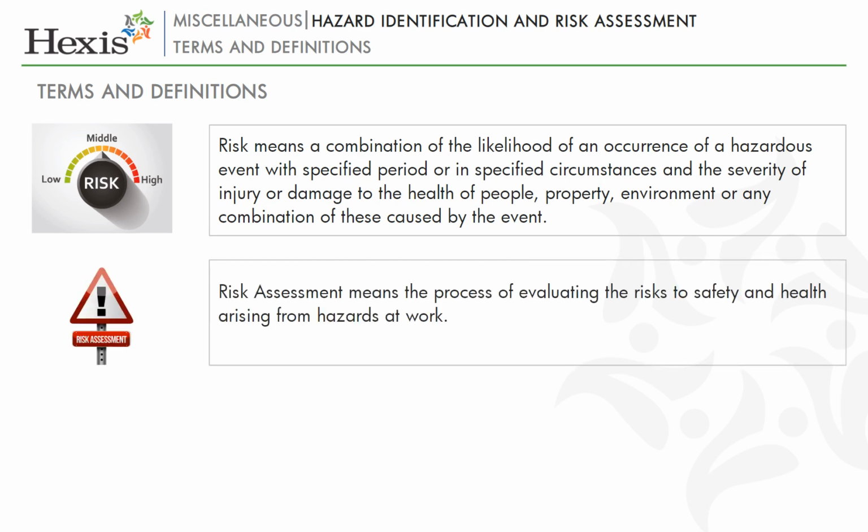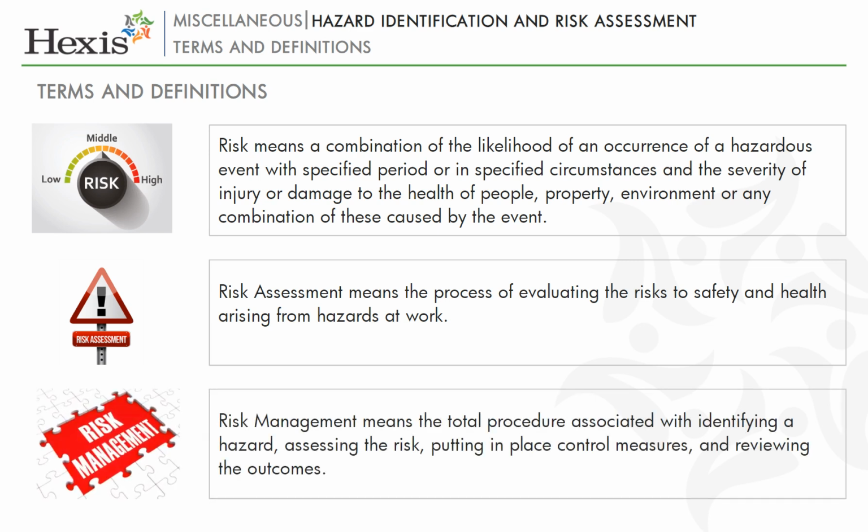Risk assessment means the process of evaluating the risks to safety and health arising from hazards at work. Risk management means the total procedure associated with identifying a hazard, assessing the risk, putting in place control measures, and reviewing the outcomes.